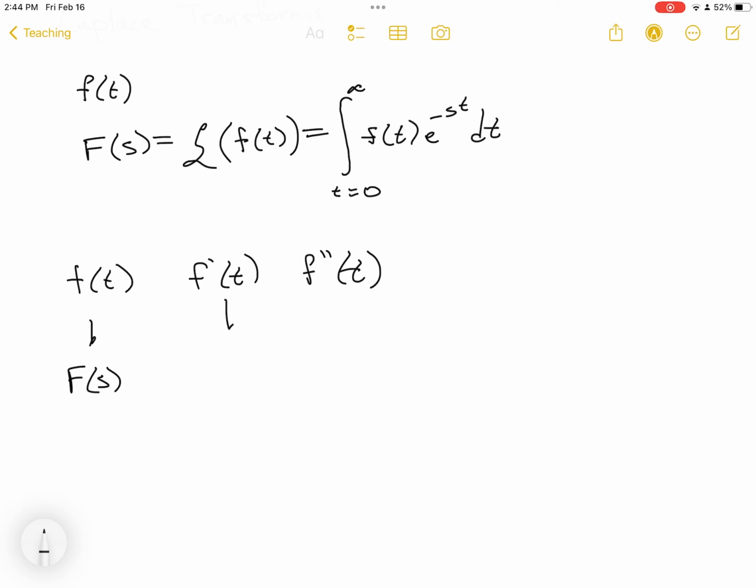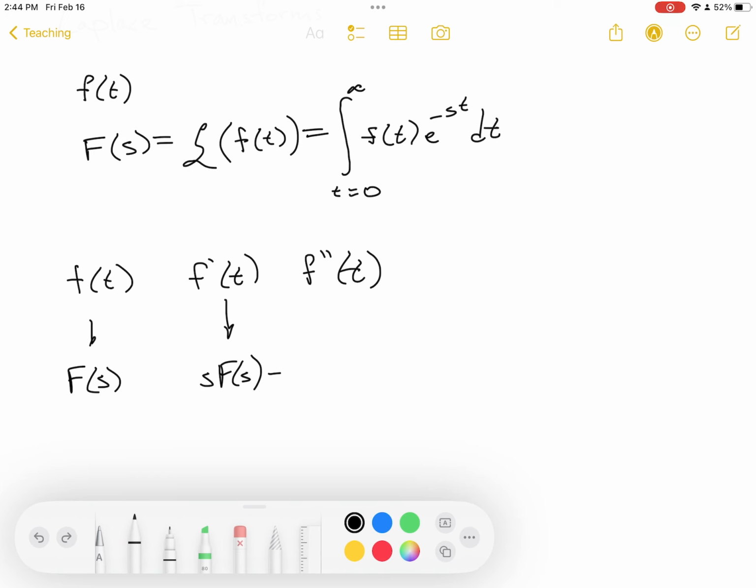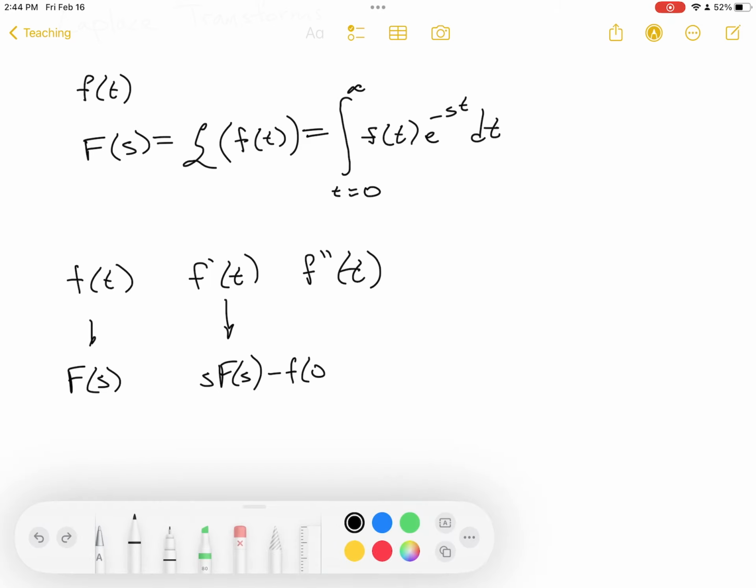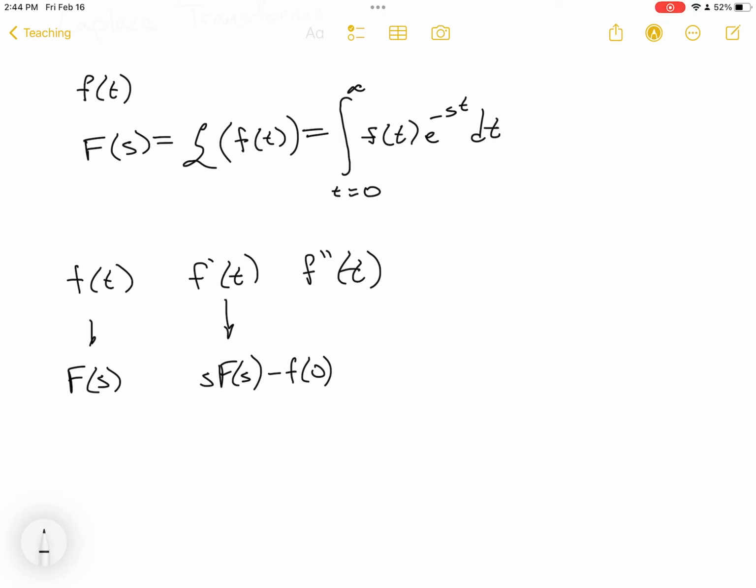If you have f prime of t, that's s times F of s minus your initial condition, f of 0. And f double prime of t goes to s squared F of s minus s times f of 0 minus f prime of 0.